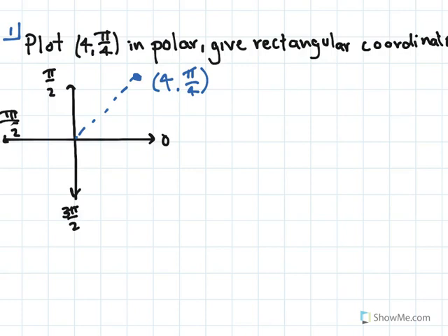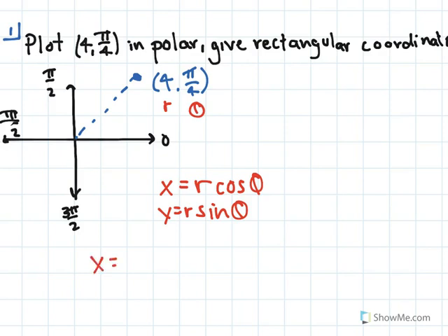And then we want to find this point in rectangular coordinates. When we're converting between polar and rectangular, it's important to remember that x equals r cosine of theta and y equals r sine of theta, where 4 is our r and pi over 4 is our theta. So x would be 4 cosine of pi over 4 and y would be 4 sine of pi over 4.